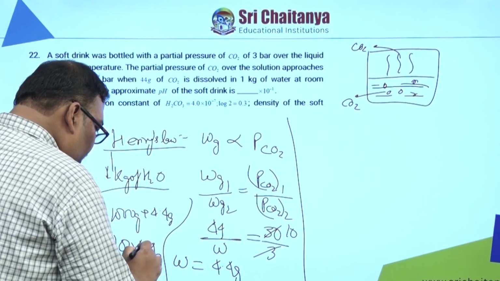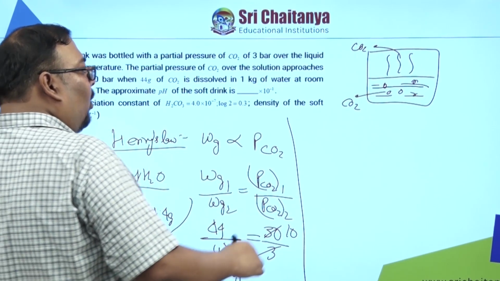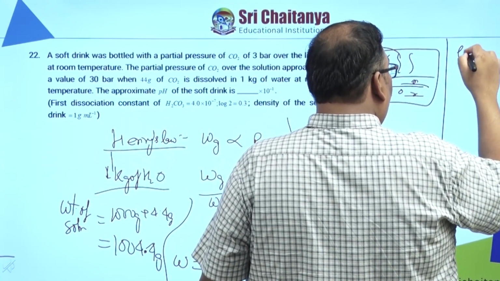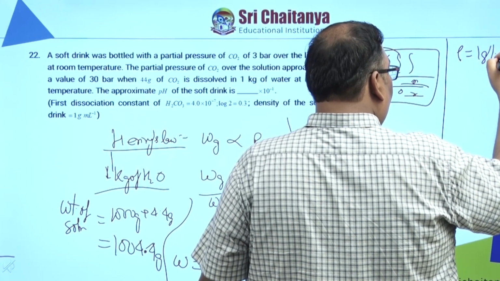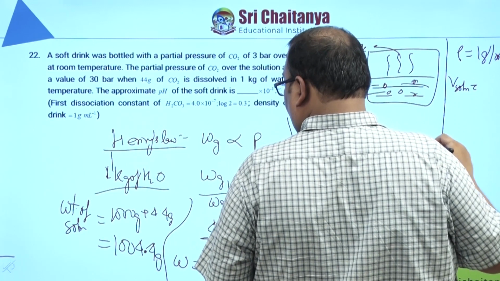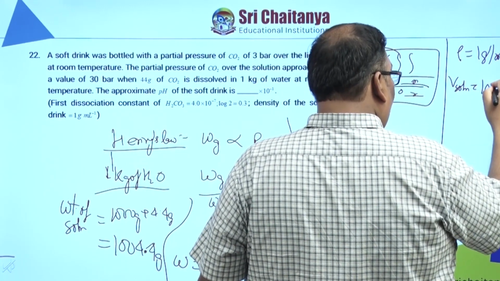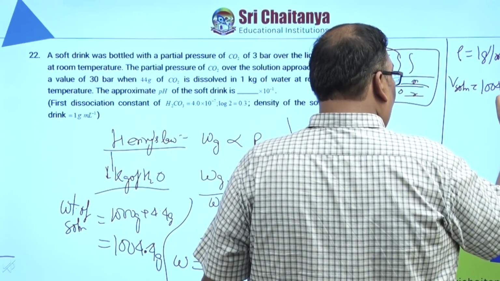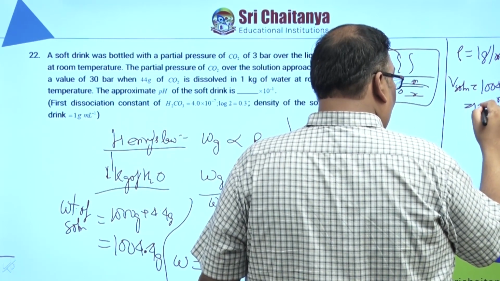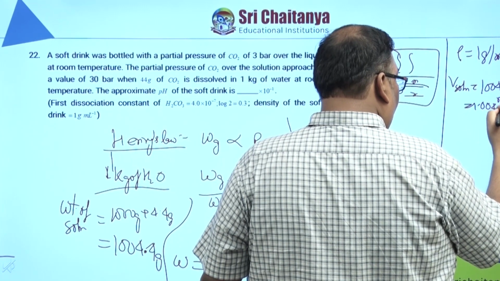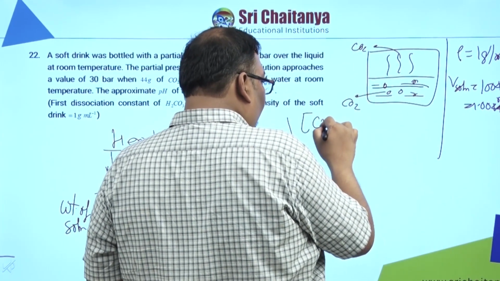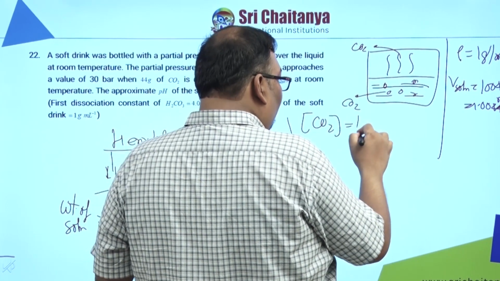Now the density of the solution is given to be 1 gram per ml. So the volume of the solution will be 1004.4 ml or 1.0044 liter.